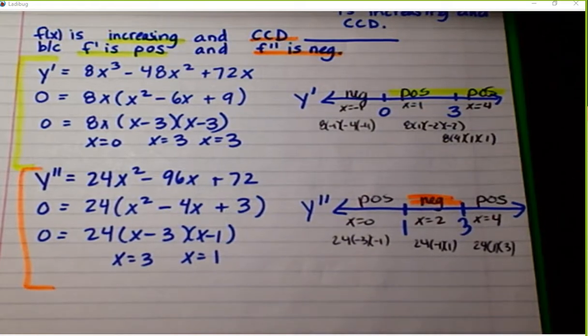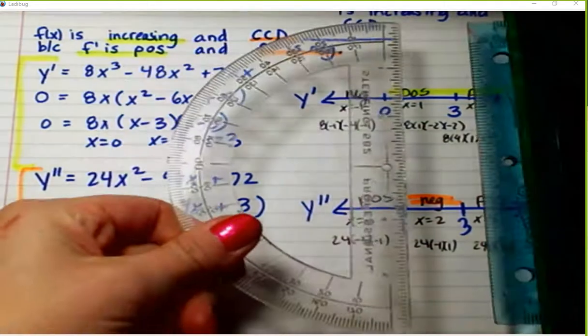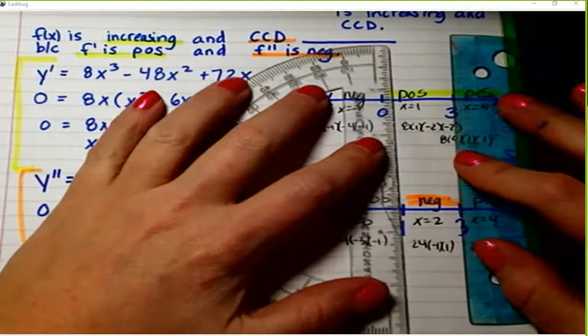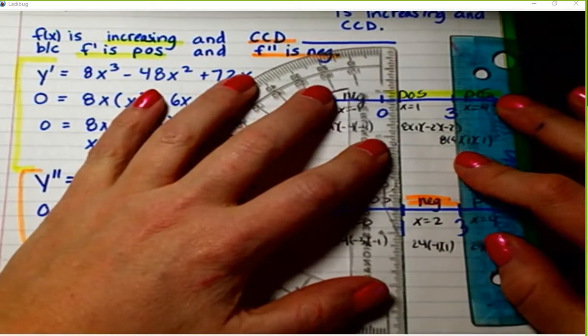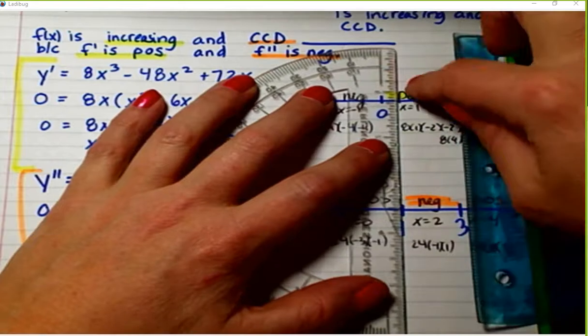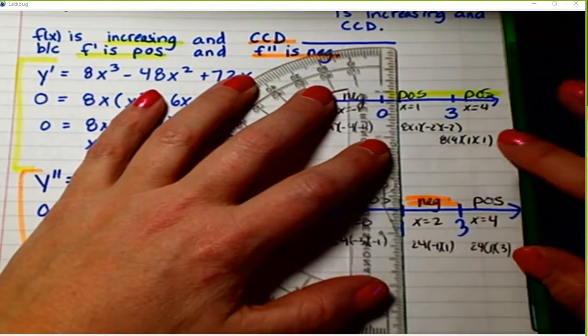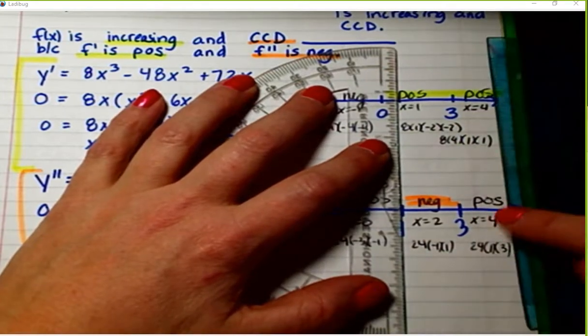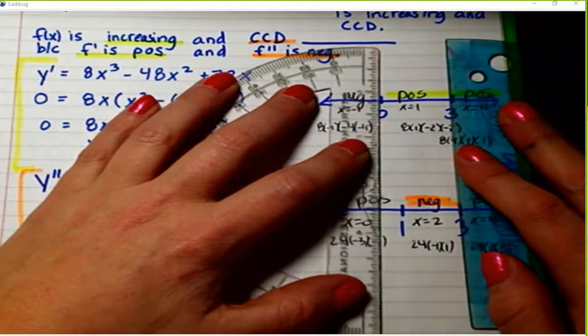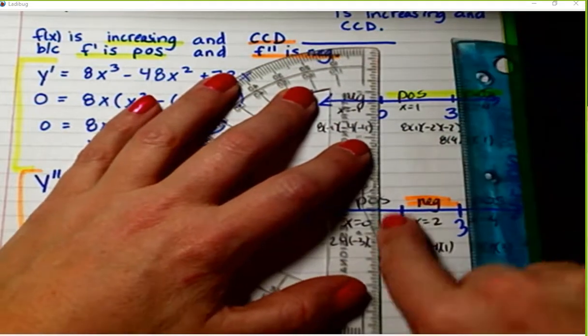Okay, so how do I figure out the answer? I need yellow and orange. It's right there. It's between 1 and 3. Yellow and orange. Okay, if I go like this, it's not orange. If I go like this, it's not orange.